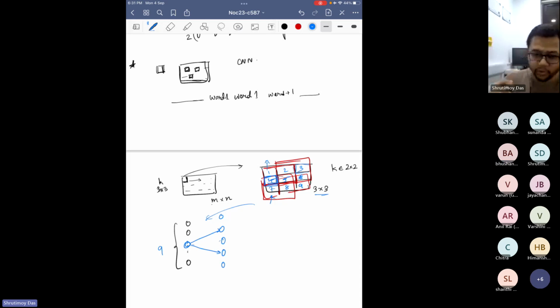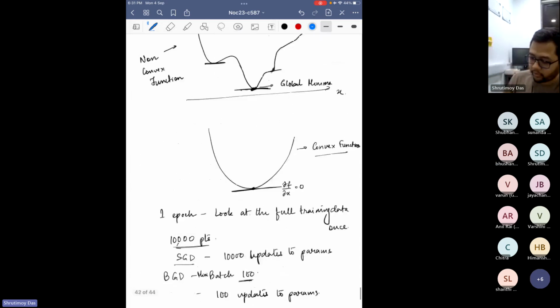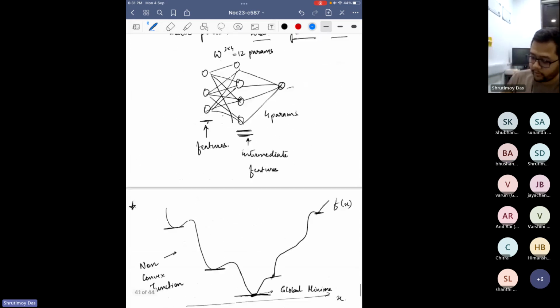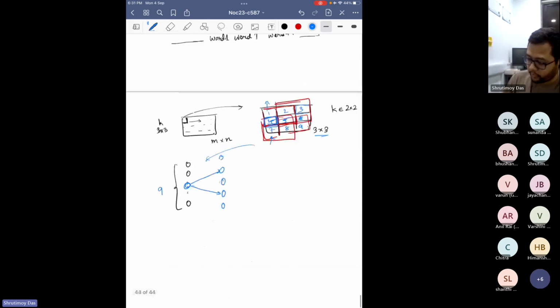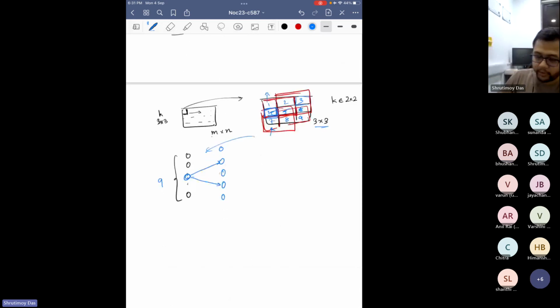So this convolution, in a sense, makes, so earlier you saw that your neural networks are all fully connected, right? But due to this convolution, because of the sharing of this kernel, we say that there is something called parameter sharing. Your number of connections in the next layer decreases.